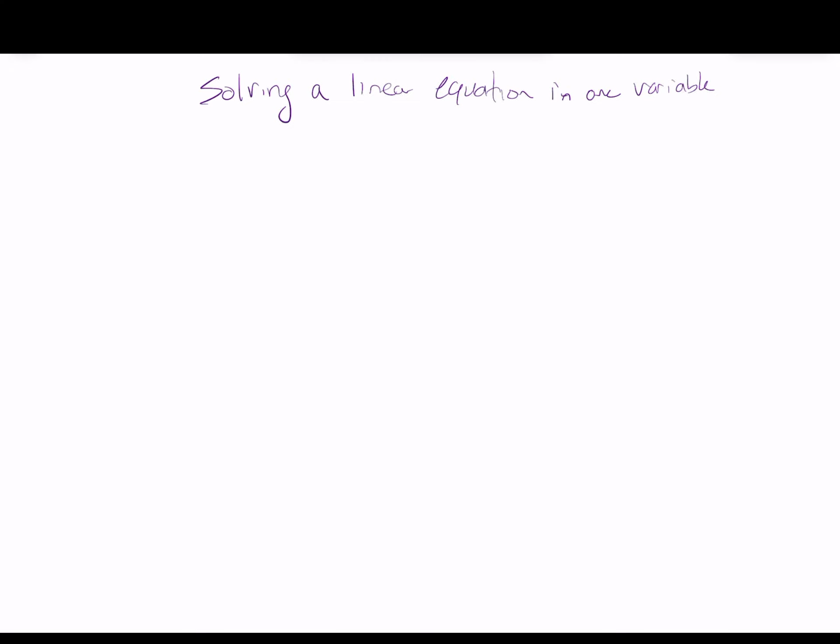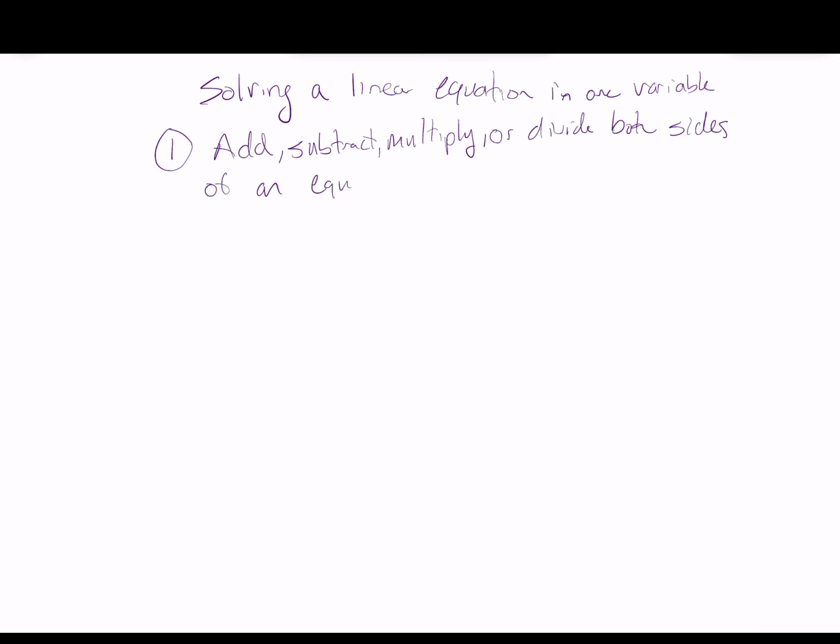So steps for solving a linear equation in one variable. The first thing that we need to do is understand that we can add, subtract, multiply, or divide both sides of an equation, and that will give us an equivalent equation that we can manipulate.